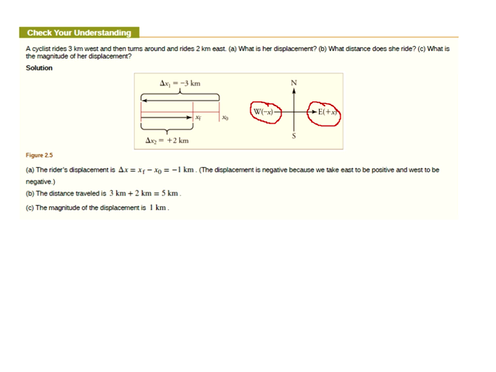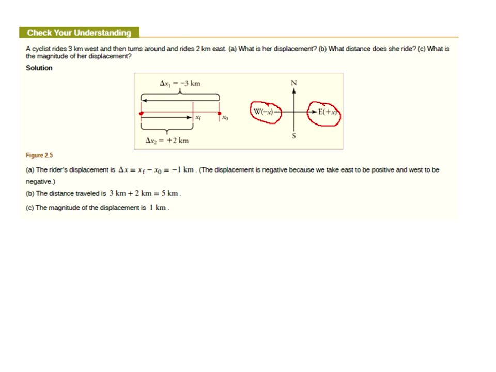There's a delta x1, so we've got this position, starts here. So they go from here to here. So if this is 0 and this is 3 kilometers away, they're moving in this direction, which is the negative x direction. And then they move to the east, which is in the positive x direction.